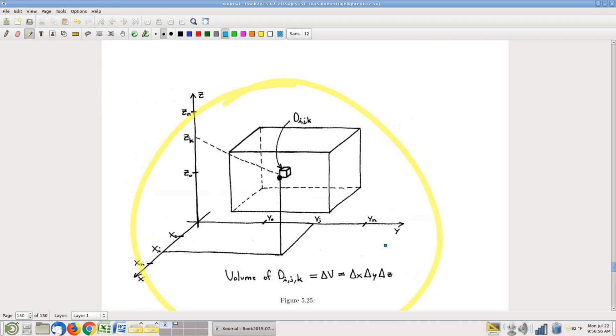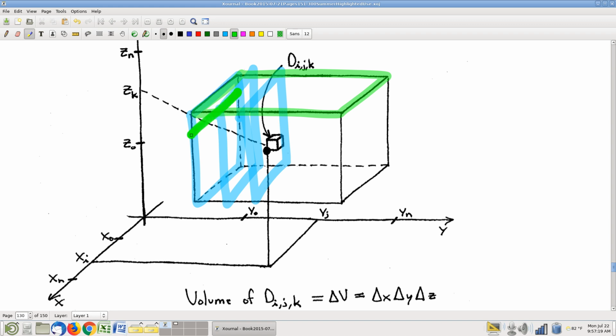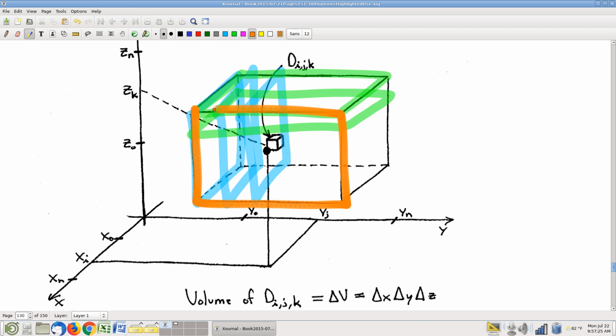Kind of like this. All right, so if you have a three-dimensional solid domain, and again we're going to start with the simplest kind of domain, a rectangular box. You could imagine taking this thing and slicing it like this, and then subsequently slicing it like this, and then subsequently slicing it like this, right?